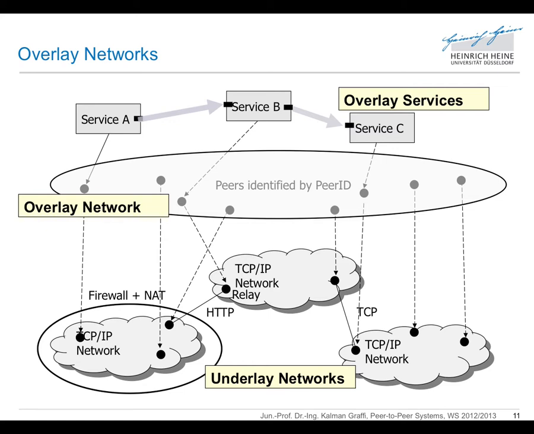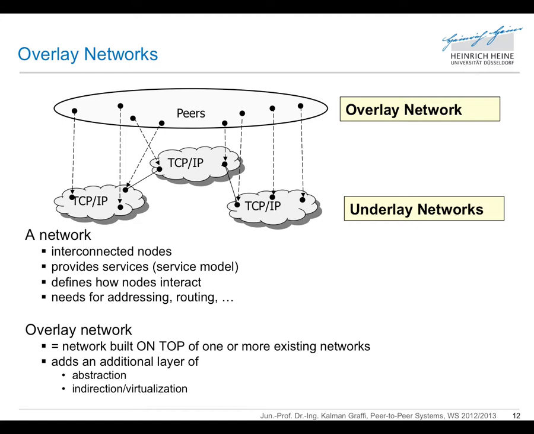So these functionalities that are implemented by the overlay are not available in TCP/IP. So with the overlay, what you get is new functionality at the cost of a little bit higher traffic. So what is the network? Interconnected nodes.